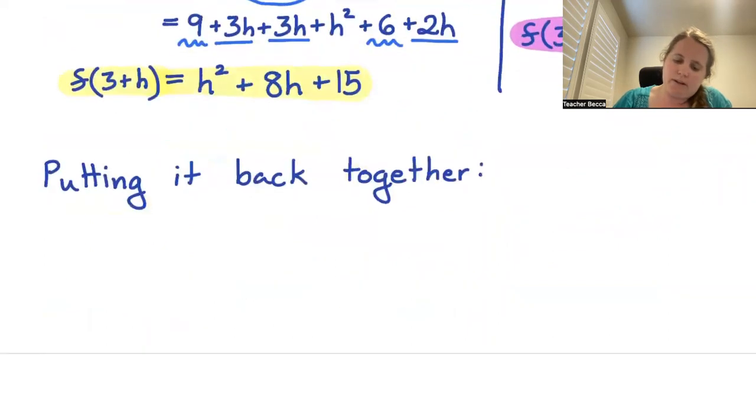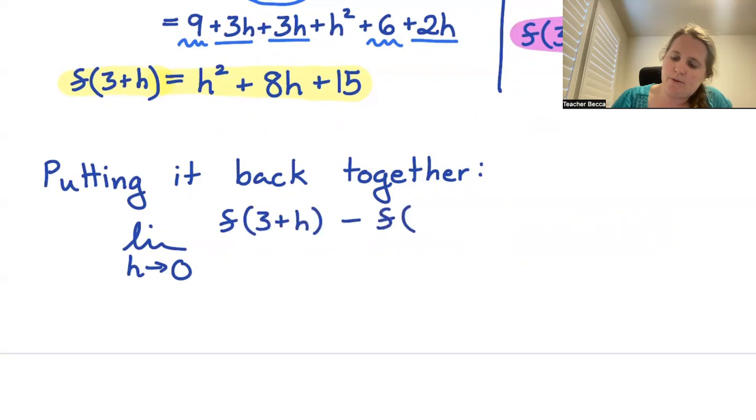So we were looking at the limit as h goes to 0 of f of 3 plus h minus f of 3 all over h.